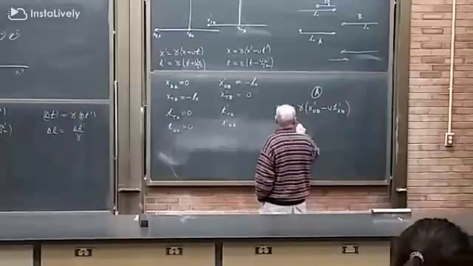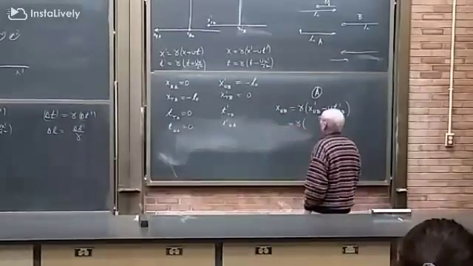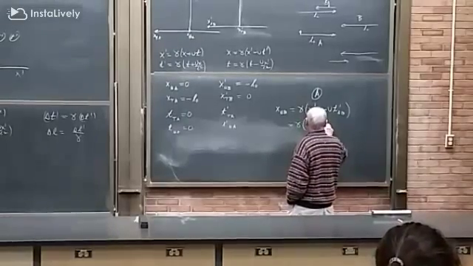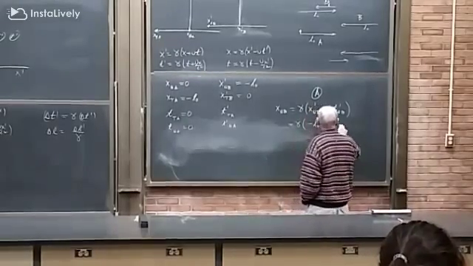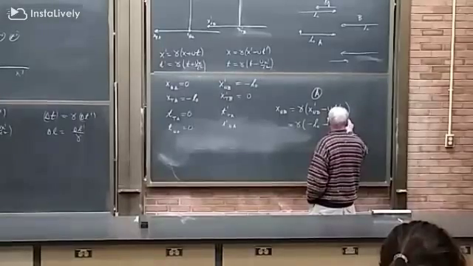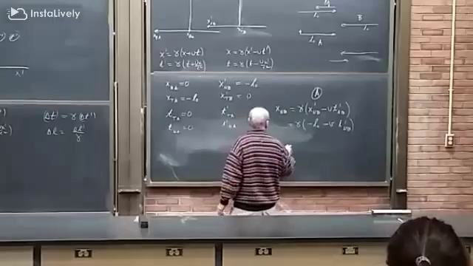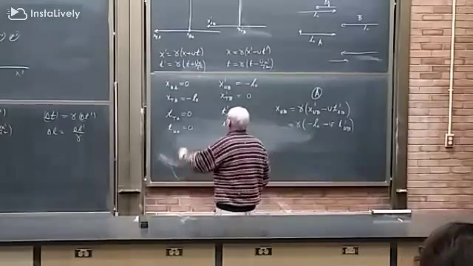Alright? Now, x nose B prime, that we know, is minus L0. But we then need t nose B prime.